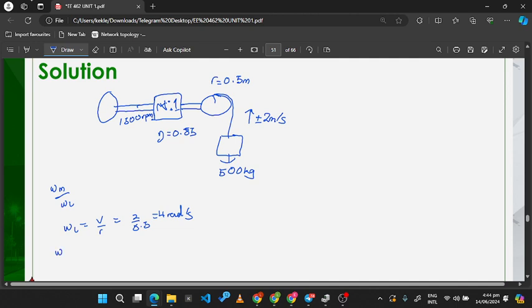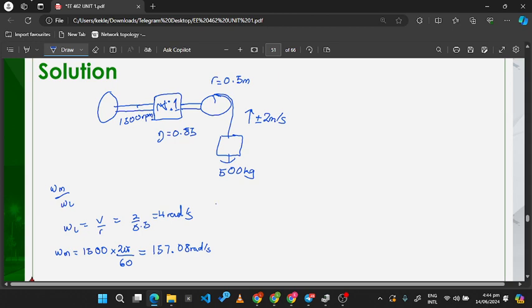And omega_m is 1500 multiplied by 2 pi over 60, which gives us 157.08 radians per second.